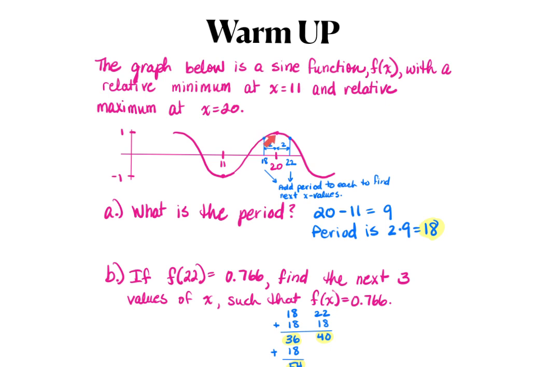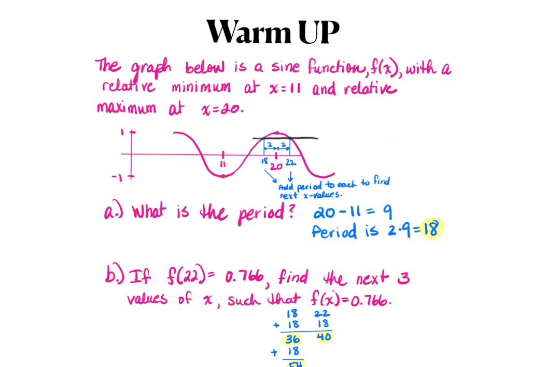Once I have these two values, I can add and subtract the period to find as many other values as I want, because you can notice here that I'm going to have solutions anytime my graph intersects this horizontal line. So if I take each of those and subtract the period, it will land here and here, or I could add it and it'll be at the next hump.